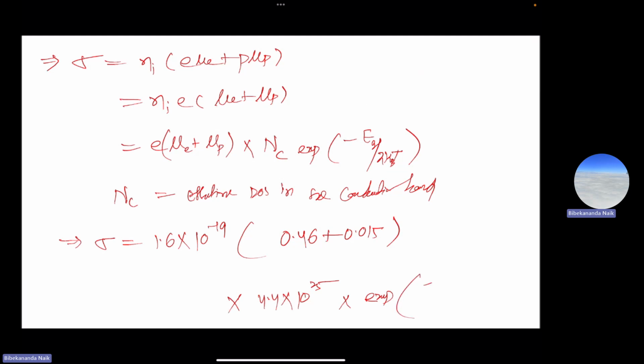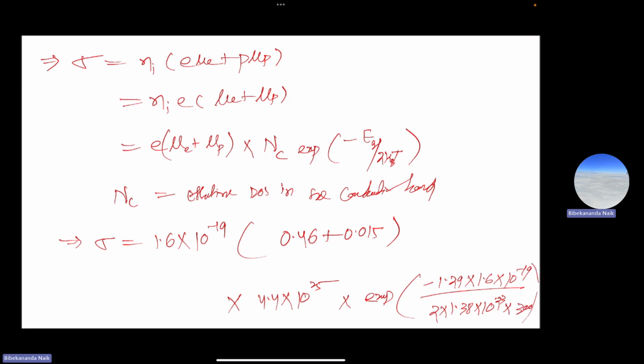So 1.29 into 1.6 into 10 to the power minus 19, divided by 2 kBT, 2 into 1.38 into 10 to the power minus 23 into the temperature, which is 300.